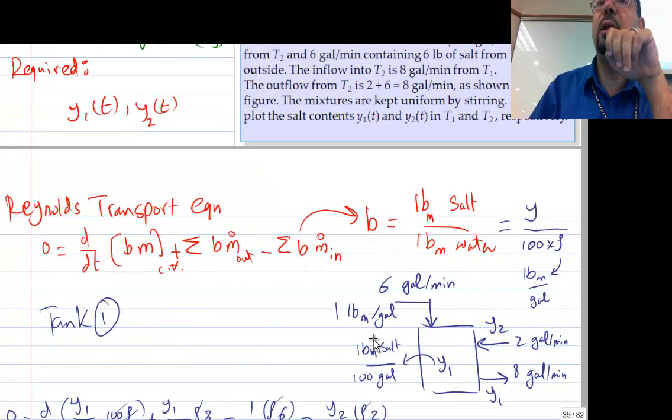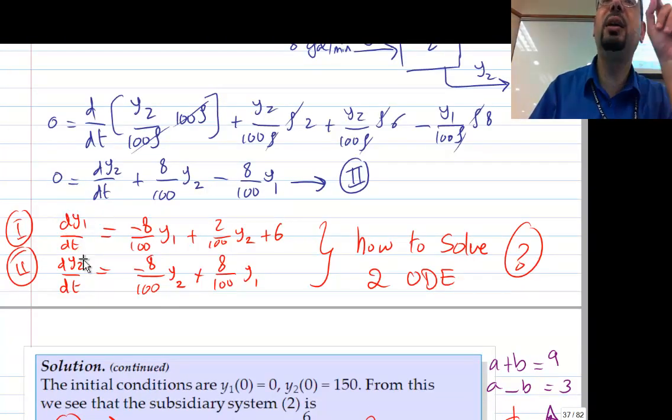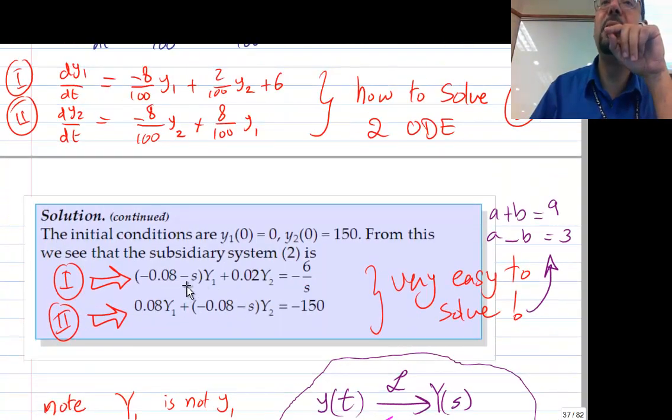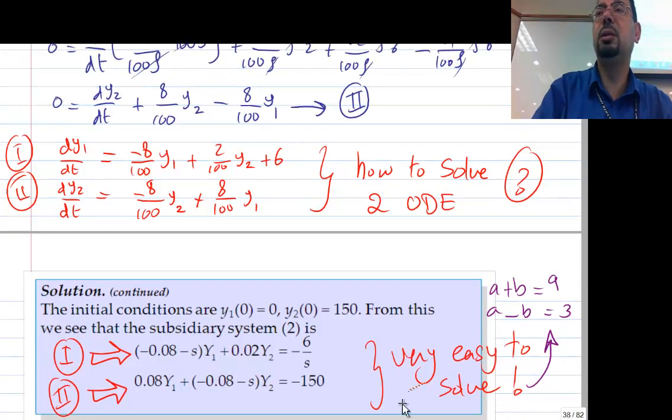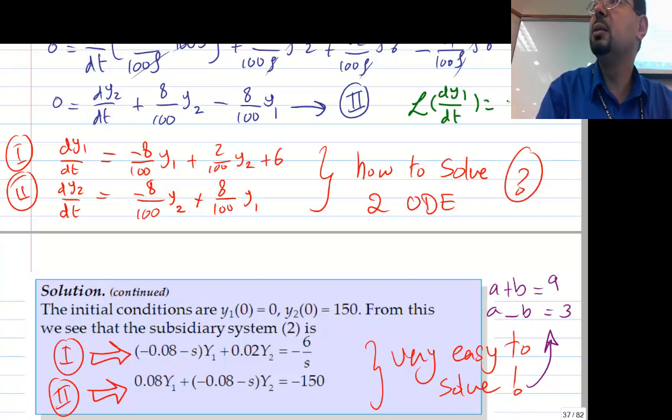So over here, what is the Laplace of dy1 by dt? It will become s Y1 of s. Okay, let me write it, because that's what you have to do in the homework. dy1 by dt becomes s capital Y of s, or actually we can just write Y1, it's understood that it's Y1 of s, right?